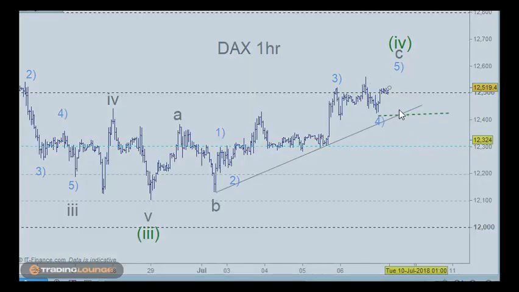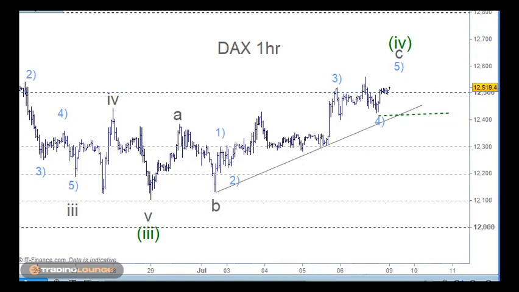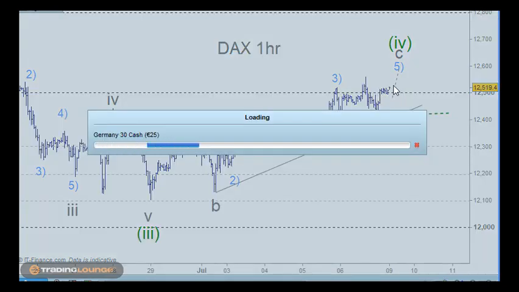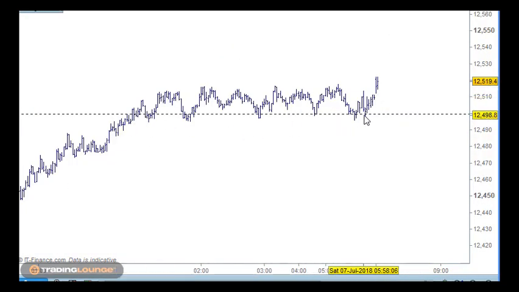But this little move, a little move straight up off here, and we can see that on the tick chart here. We can see the support this has got sitting on the 12,500 area here. So this move across here is corrective because it's got overlapping wave structures.